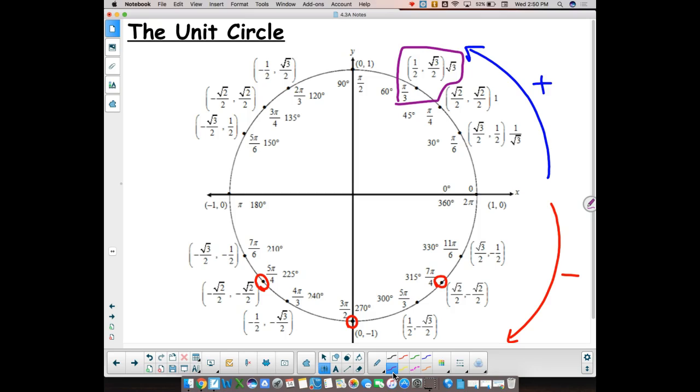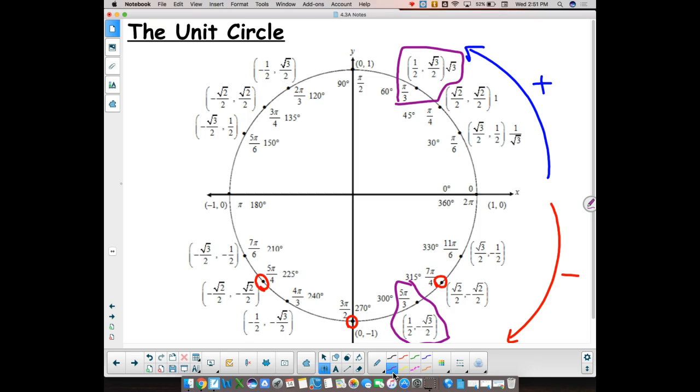Where else is cosine equal to 1/2? 5π/3. If I look at 5π/3, cosine is equal to 1/2. Sine is equal to negative root 3/2. So we're going to get two values, because if I set the value on the unit circle, either left or right, top or bottom, there's going to be two values for me.